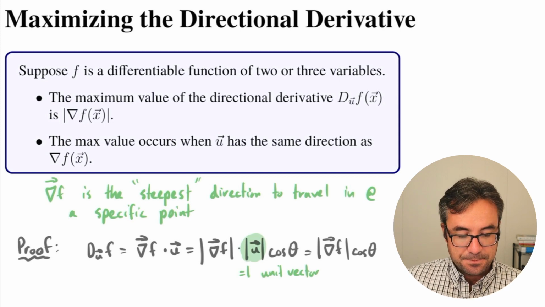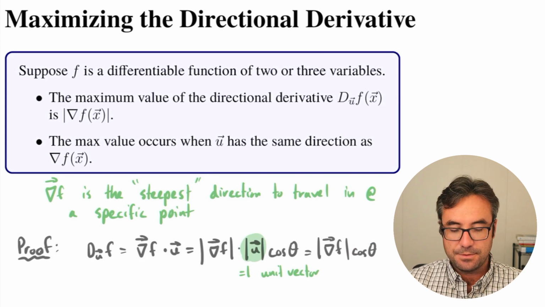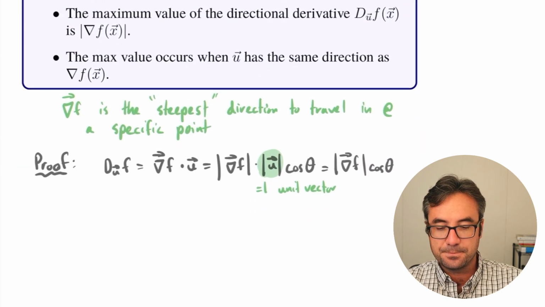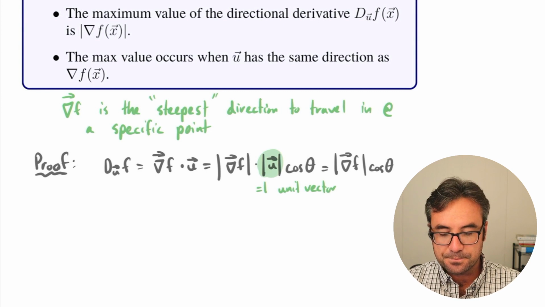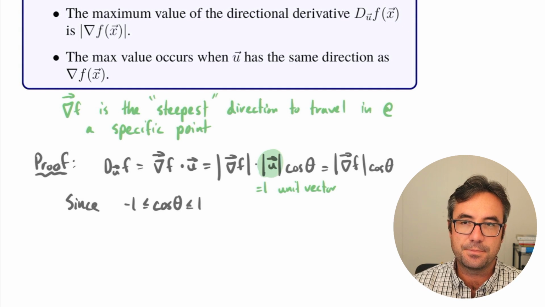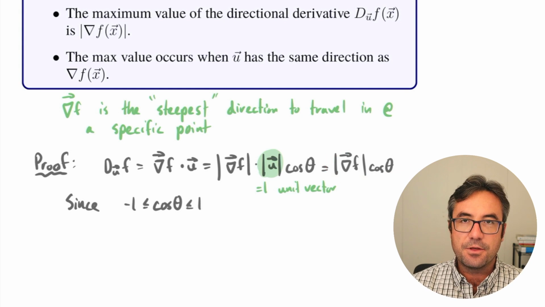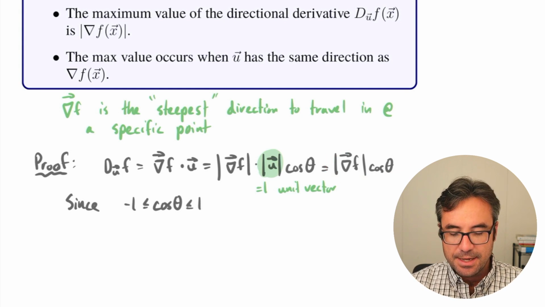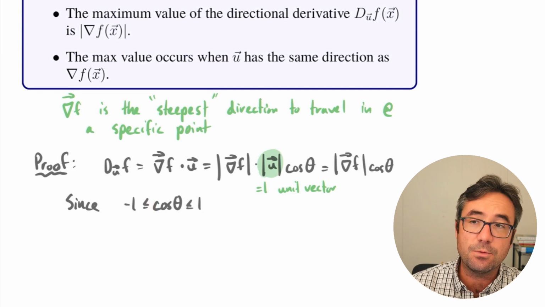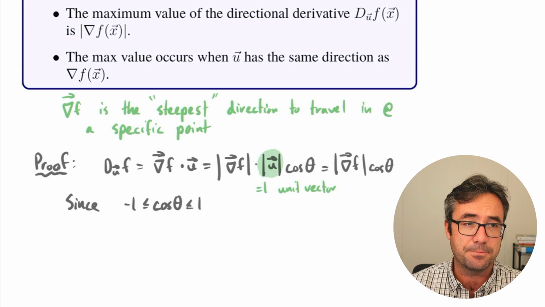Now, if we look at this, cosine of theta has certain properties. Cosine of any angle is somewhere in between -1 and +1. And so the largest value this can take is when cosine of theta is equal to 1. That's the largest value cosine theta is ever going to be.